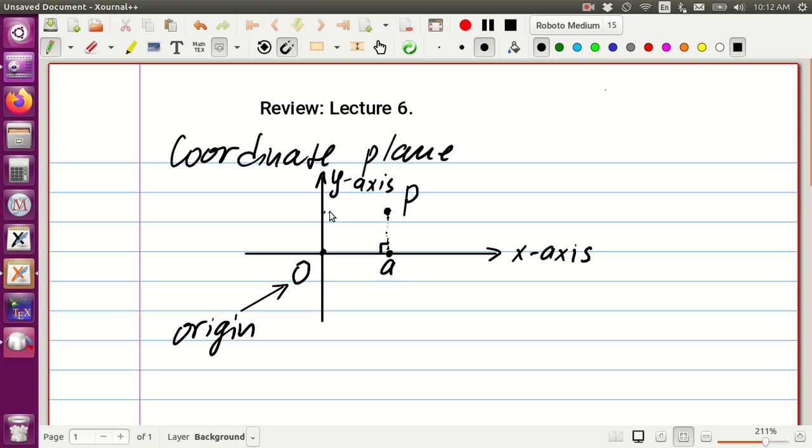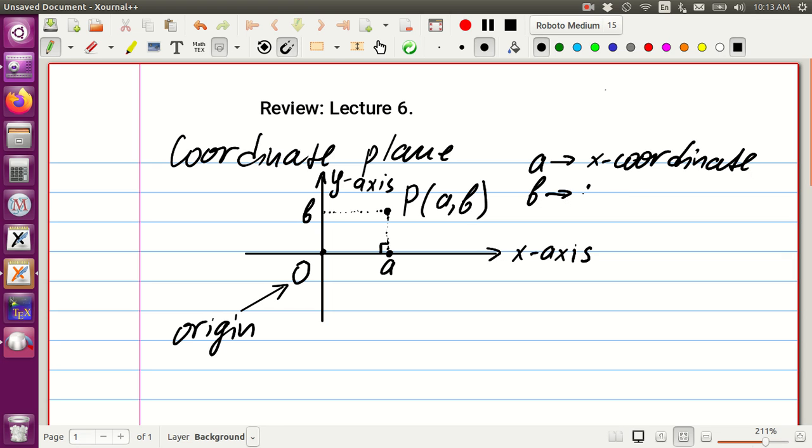And we can do a perpendicular line towards the y-axis from P, and this distance we will call B. So then we can denote P by two coordinates, A and B, where A is called x-coordinate, and B is called y-coordinate of the point P.